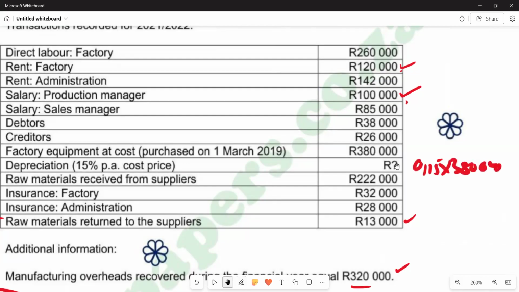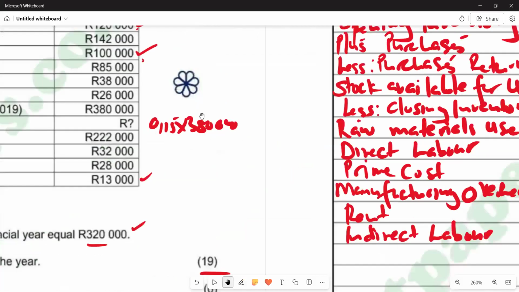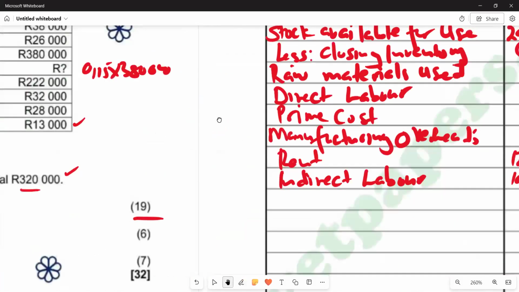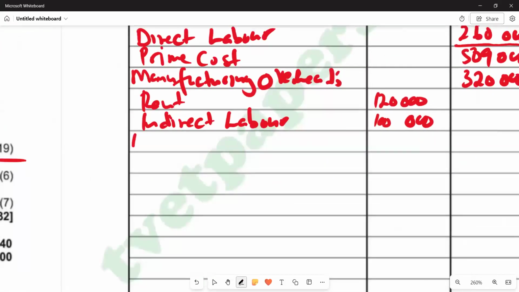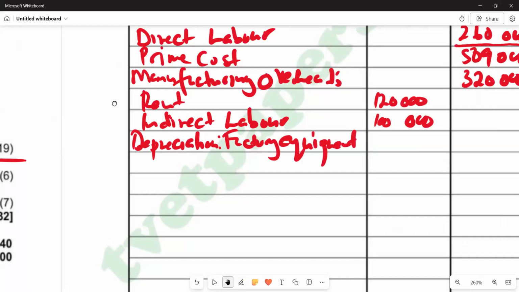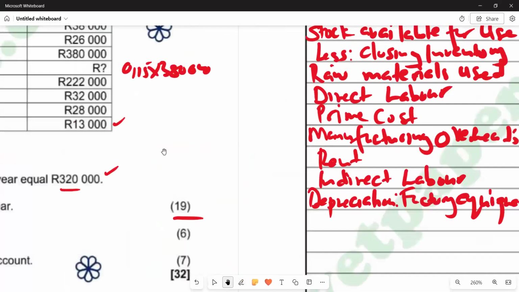And then we see what do we get. So we are saying depreciation, factory equipment. Or if there's space, we can just summarize this working that we have put here. 0.15 times 380,000.